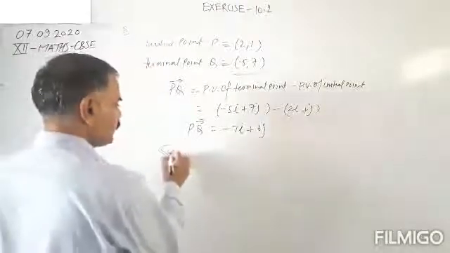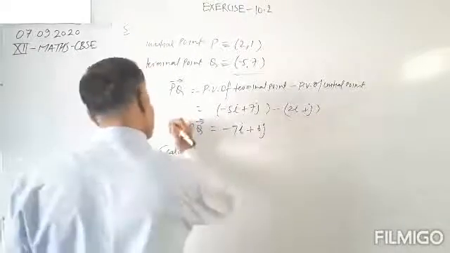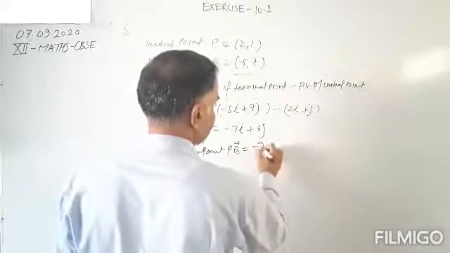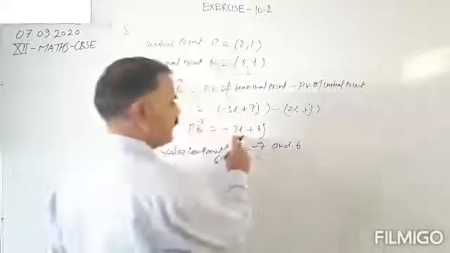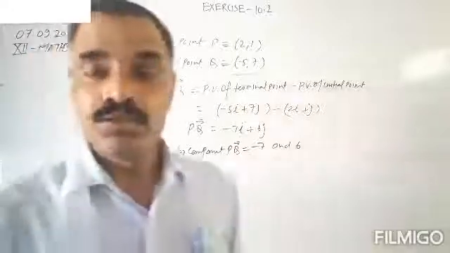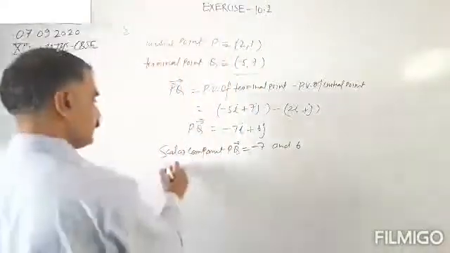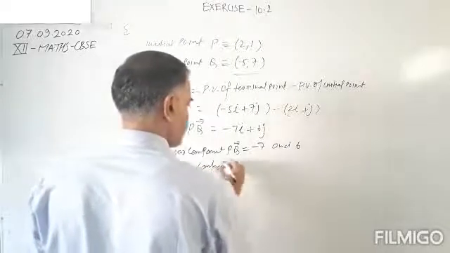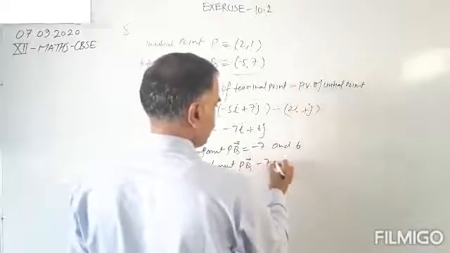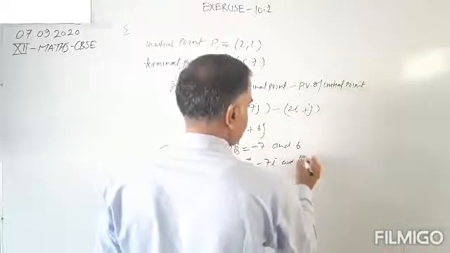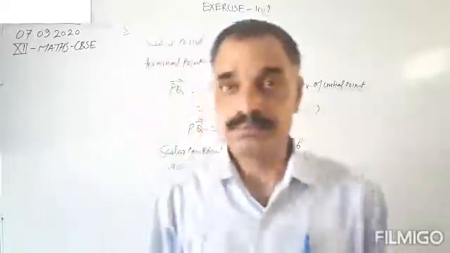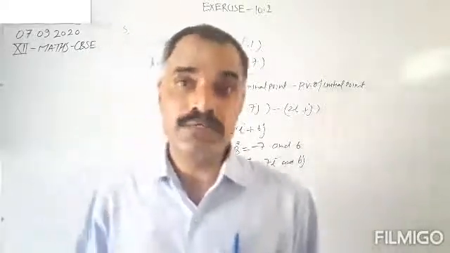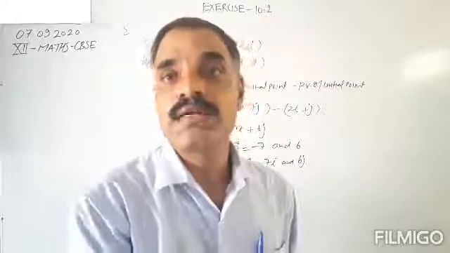Now scalar components of PQ vector are minus 7 and 6 without the unit vectors i cap and j cap, and vector components of PQ vector are minus 7 i cap and 6 j cap. Okay, along with the direction. Vector components are along with the direction i cap and j cap, and scalar components are without the direction, without i cap and j cap.